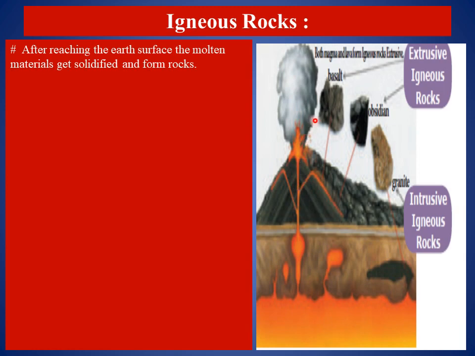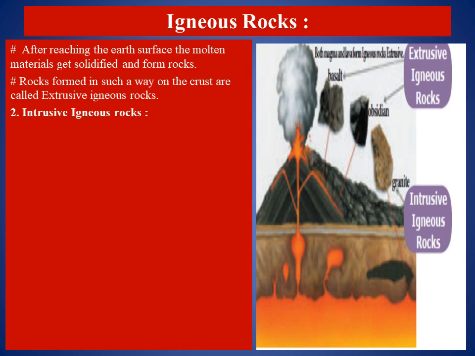So magma rocks will become basalts, as we will show in the pictures now. When it comes out, that becomes the rocks. Rocks formed in such a way on the crust are called extrusive igneous rocks. The basalts and obsidians are called this.